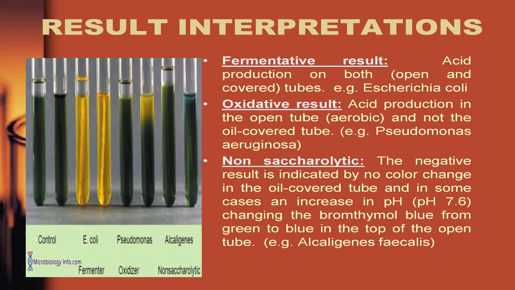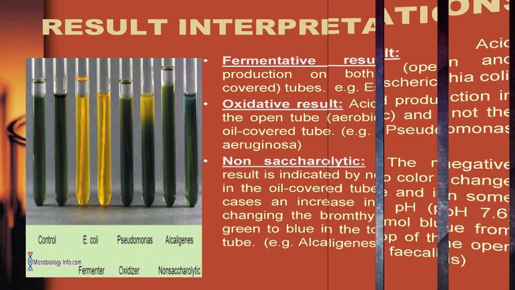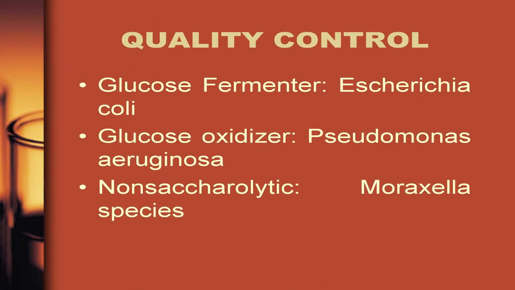The increase in pH is due to amine production by the bacteria that break down the peptone in the medium. Example, Alcaligenes faecalis.